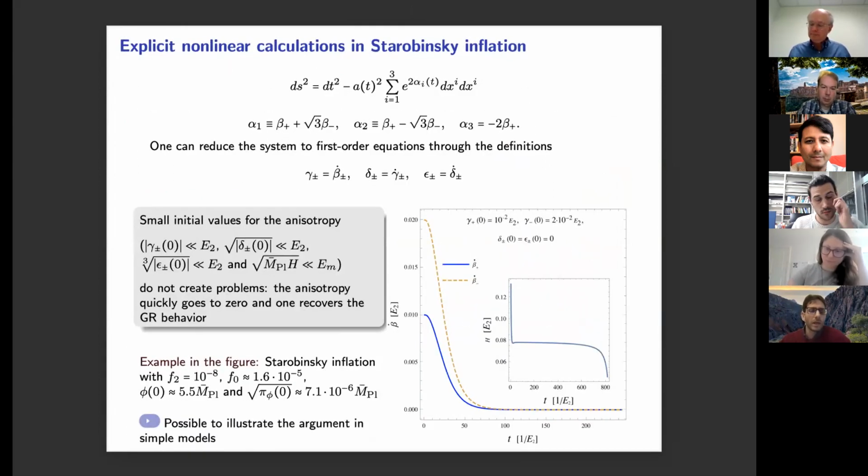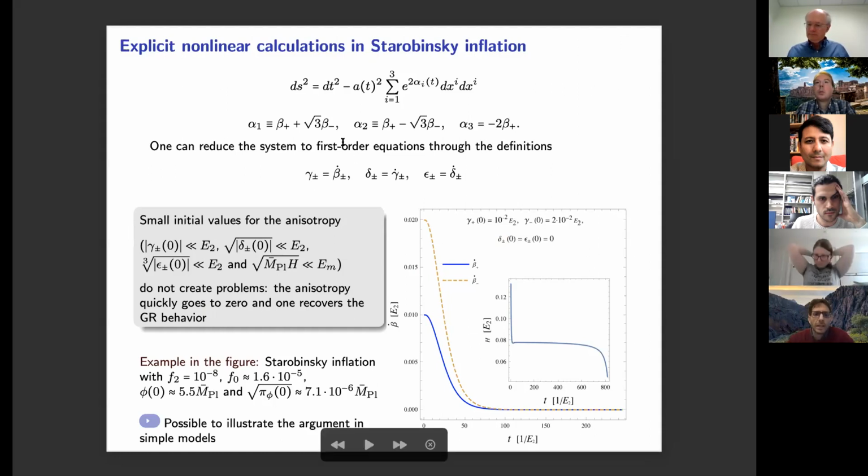So I made some explicit nonlinear calculations for Starobinsky inflation. You have to fix the model, of course, to do explicit nonlinear calculations. And here I'm considering also some deviation from the FRW metric because I said it is needed.